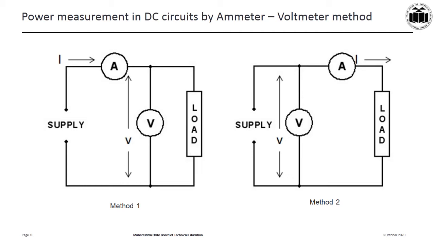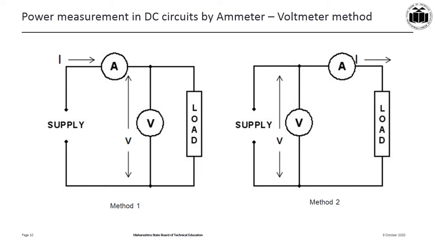In the second method, where the voltmeter is connected prior to the ammeter, that is at the supply terminal, it will detect the voltage drop for the series combination of ammeter and load. Now, error will be introduced in the total power calculated because of the additional voltage drop at the ammeter.